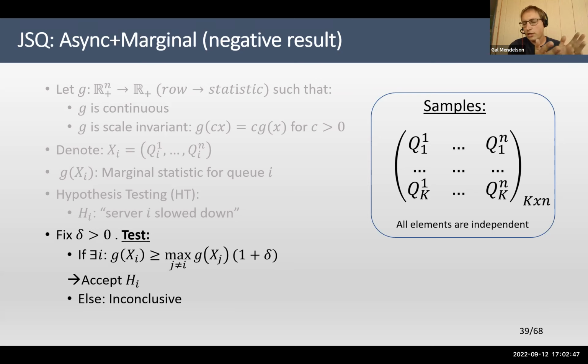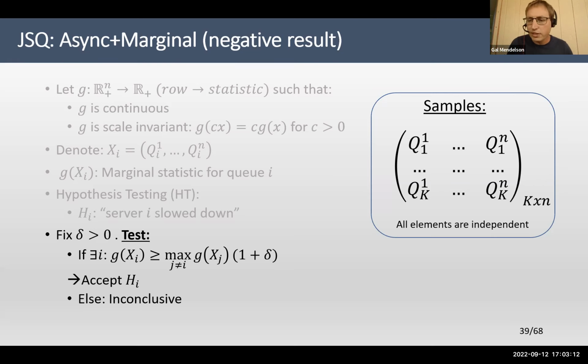So if you think of averages, we would declare that the ith server slowed down if the average of Qi is separated from the rest of the averages by some factor of 1 plus delta, which can be as small as you want. That will give us a good indication that server i did indeed slow down. Otherwise, if we don't know, we say inconclusive.